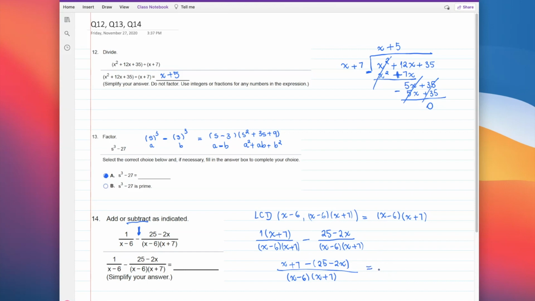I continue with the same denominator, x minus 6, x plus 7, then x plus 7. Now I distribute the negative, like a -1, so it's -25 plus 2x. Now is the process of combining like terms.